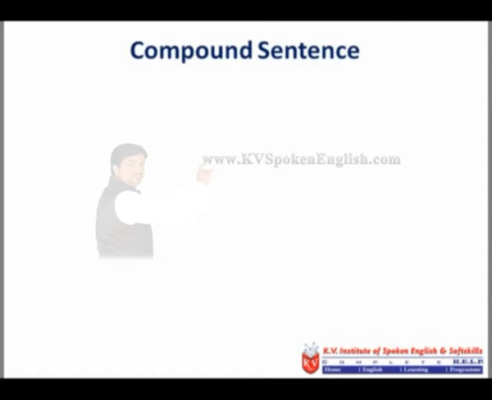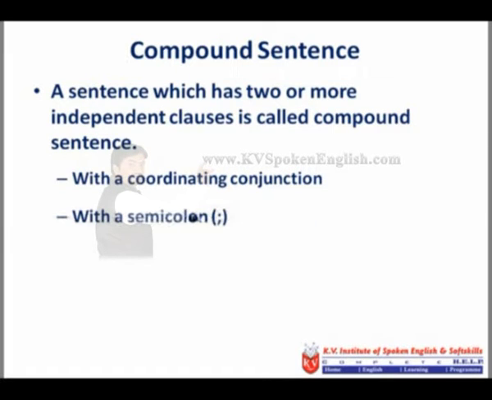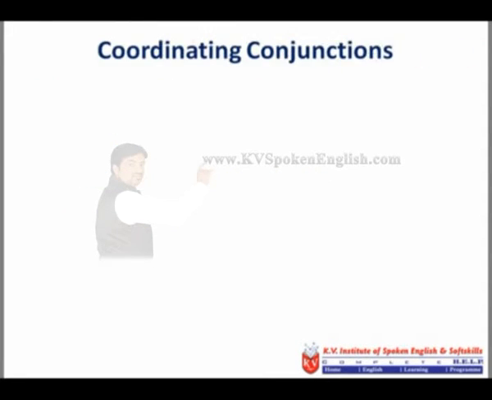Let's see compound sentence. A sentence which has 2 or more independent clauses is called a compound sentence. The independent clauses can be joined in one of two ways: with a coordinating conjunction or with a semicolon. Let's see how we can join the two independent clauses with a coordinating conjunction.